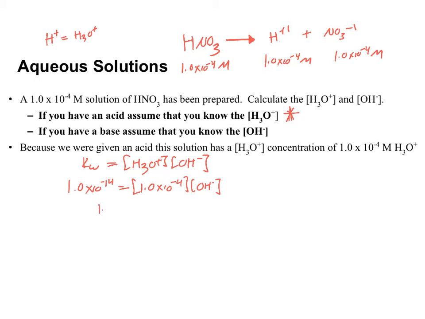So in this case, I'm going to get 1.0 times 10 to the minus 10 molar for OH minus. Now I realize that it looks pretty simple, and just using the addition and subtraction properties of exponents, you should just be able to subtract, but they're not always going to be this simple.